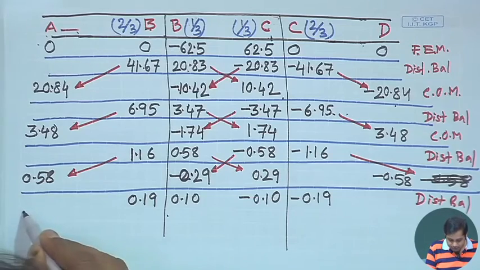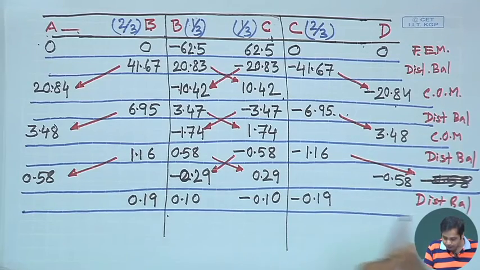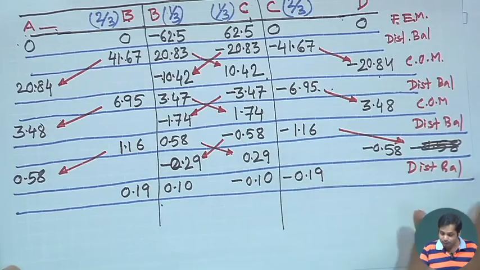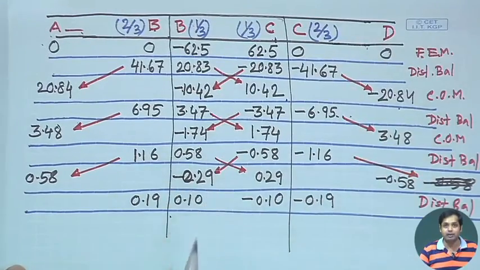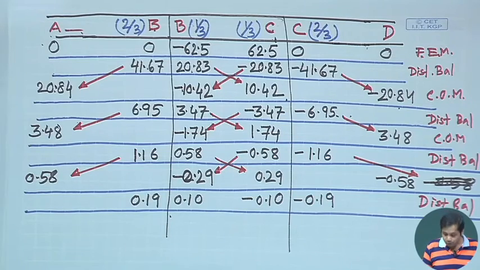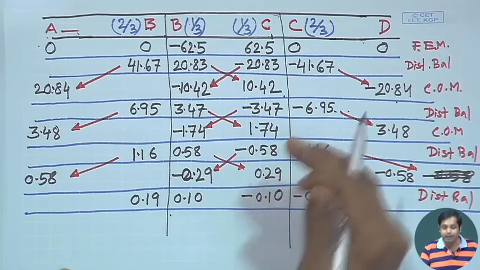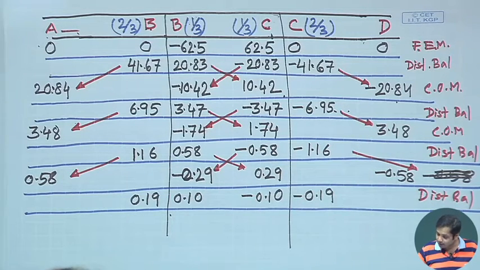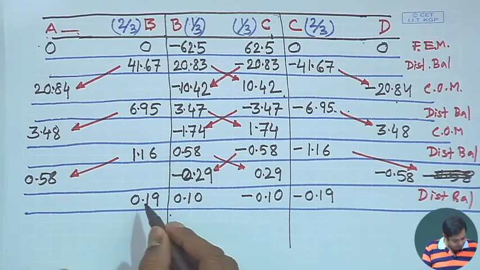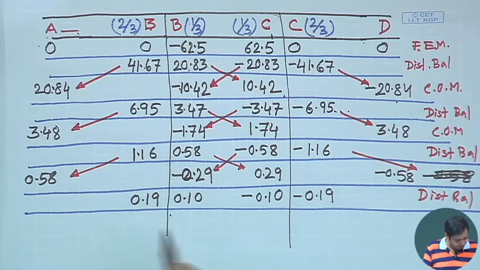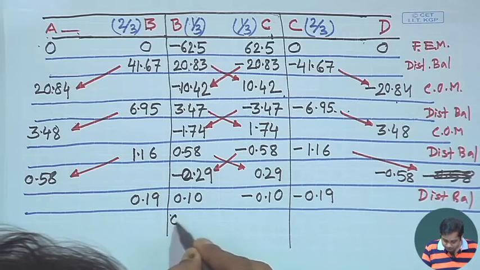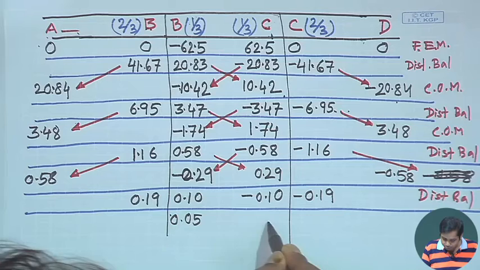Now you can observe that slowly these values are becoming very small, continuously becoming small, and we are already reaching the final solution. So this will get distributed. Half will get here, so this becomes 0.05, and half will get here.